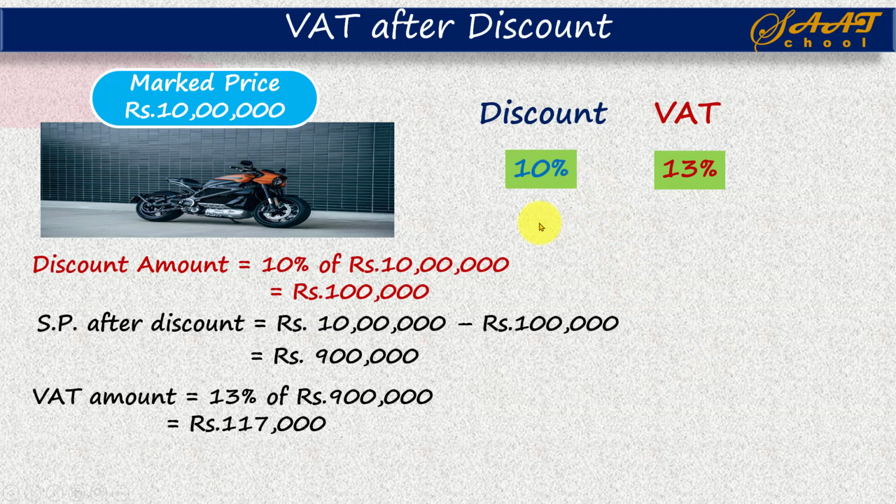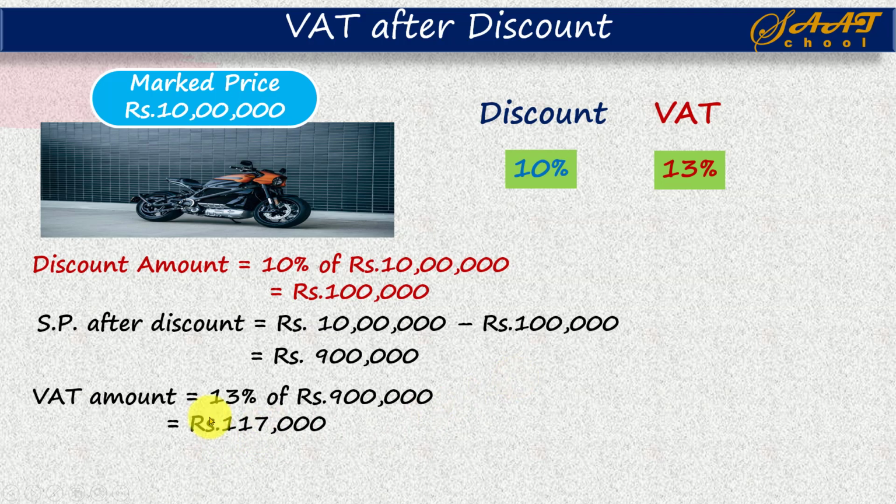Discount is calculated on the mark price, and once we have the discount, then we can find the selling price after discount, and this amount is used to find the VAT amount. So this 13% is of this amount.